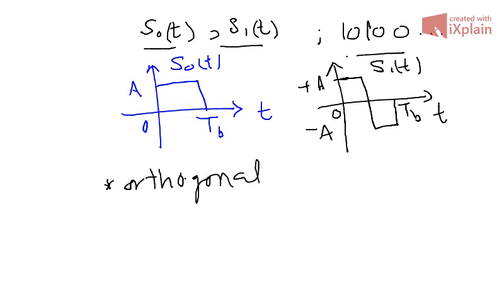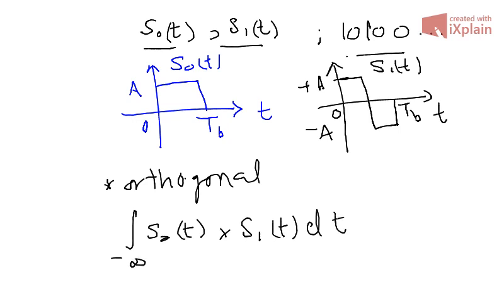So these S0 and S1 are orthogonal, which means that if you try to find out the cross correlation of S0 of t and S1 of t, and you integrate it, it is clear from these figures that in this given period, this is your r of 0, right?